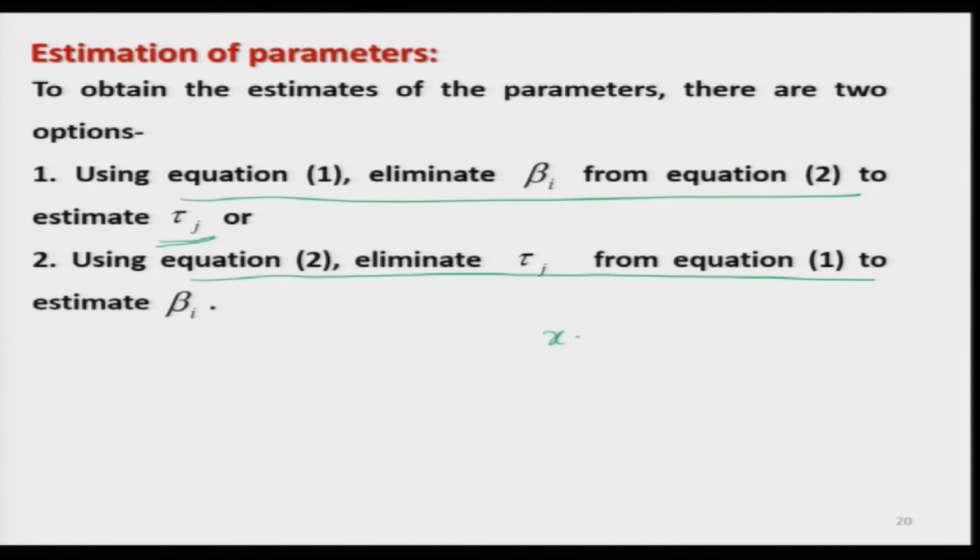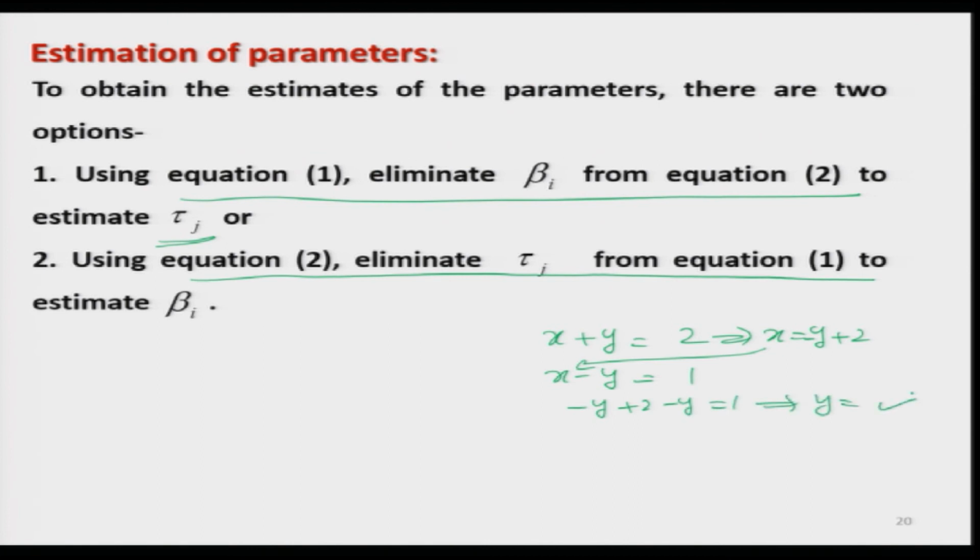For example, if I write x plus y equal to 2 and x minus y equal to 1, that is the same exercise I showed you earlier. You write x equal to minus y plus 2, replace this x in the second equation to get minus y plus 2 minus y equal to 1, and then obtain the value of y.